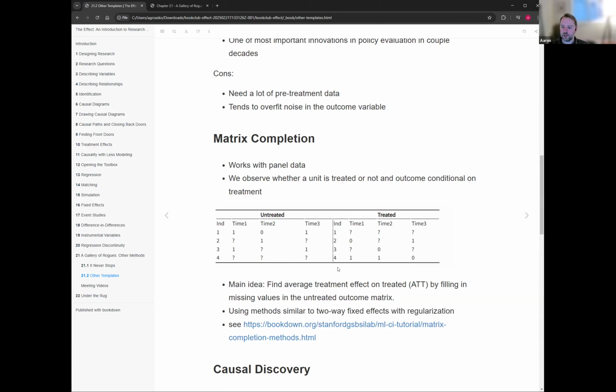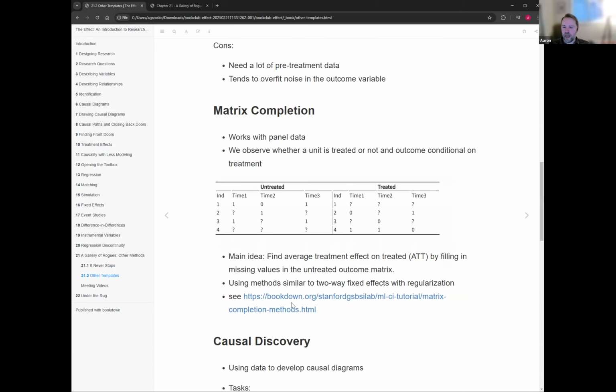Those could be considered your two-way fixed effects. I imagine the way these are completed is just some sort of matrix multiplication, because that's how a lot of the non-deep learning recommender system methods work.